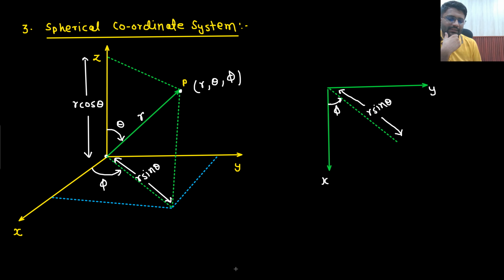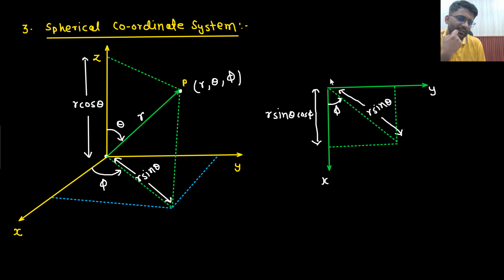So on the x-axis, how much will be the projection, and on the y-axis how much will be the projection? On the x-axis, the projection will be nothing but r sin theta cos phi. Say yes or no. R sin theta cos phi. And on the y-axis, what will be the projection?